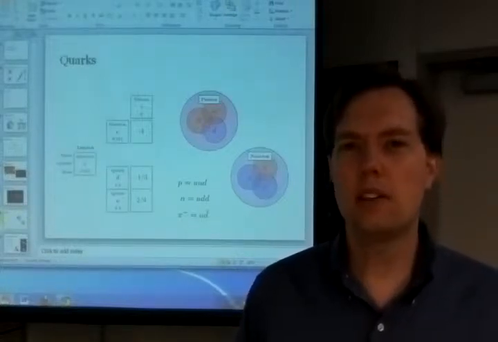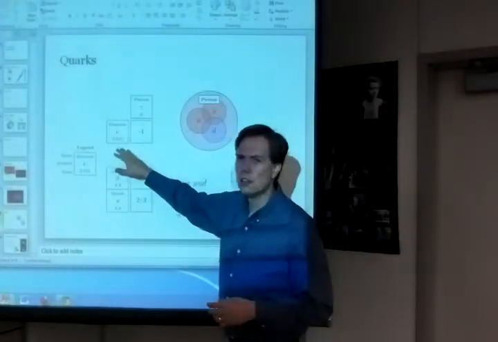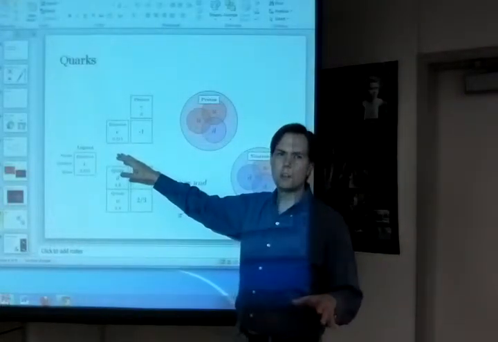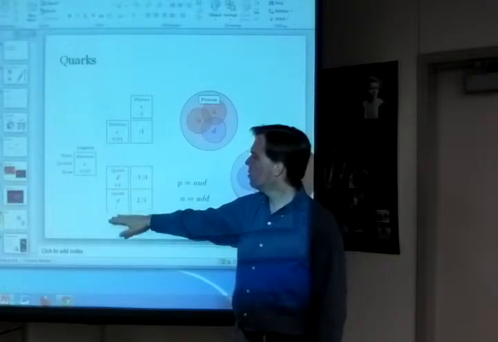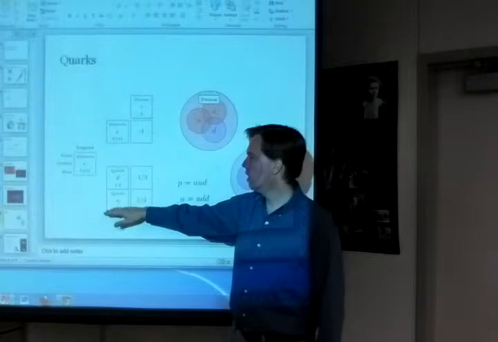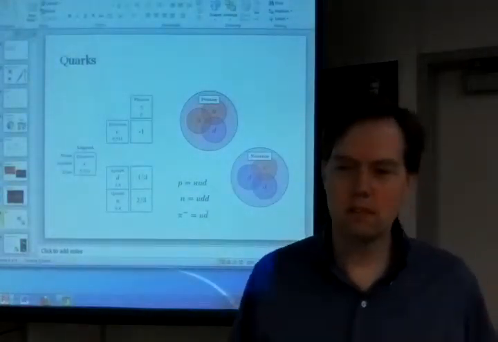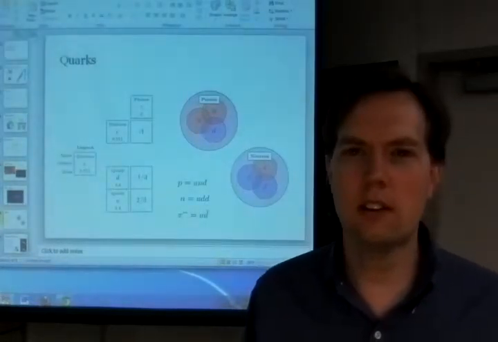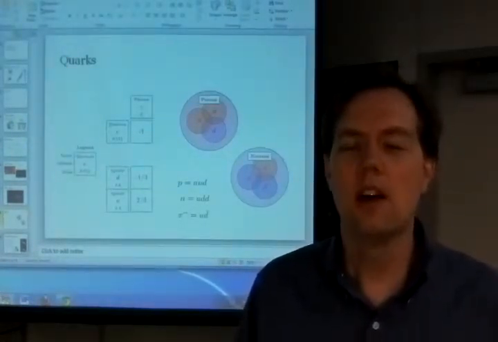So now where we sit is we've got the electron. There's no more basic substructure to the electron that's known. And we've got two quarks, the up and the down quark. Those names don't really have any significance. There is no real upness, there's no downness, to these quarks.